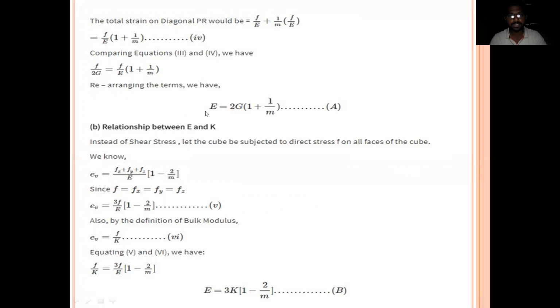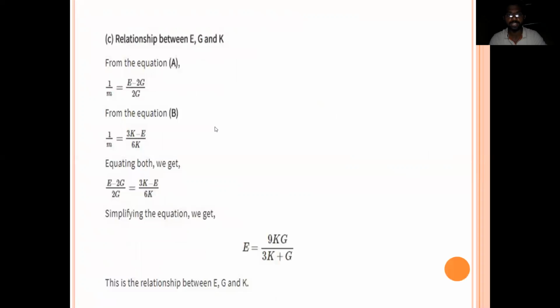Next, moving on, the relationship between Young's modulus and the bulk modulus is given by E is equal to 3K into 1 minus 2 mu, or E is equal to 3K into 1 minus 2 by m. Here again 1 by m is Poisson's ratio, which you can write as mu. Therefore E is equal to 3K into 1 minus 2 mu is the relationship between E and K, or you can say Young's modulus and bulk modulus.